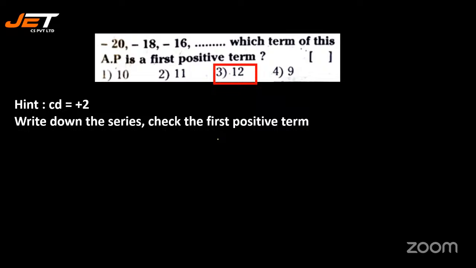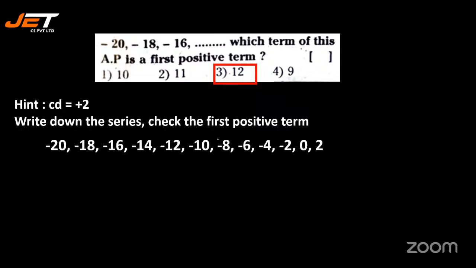If you count the numbers from where it starts positive, it would be the 12th number. So where does the positive start? You can count here 1, 2, 3, 4, 5, 6, 7, 8, 9, 10, 11, 12. So from the 12th, the positive number starts.